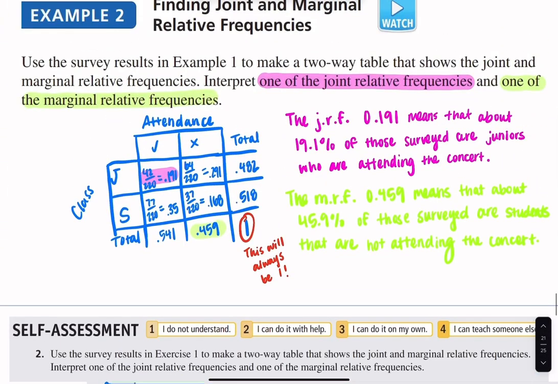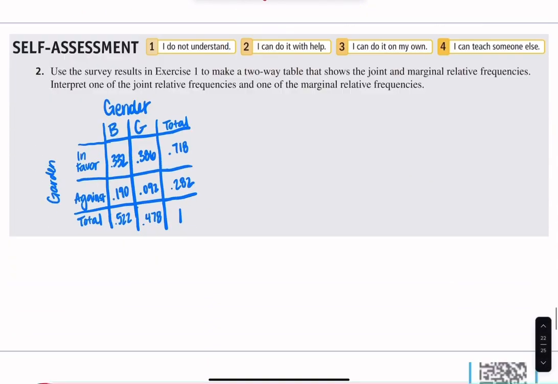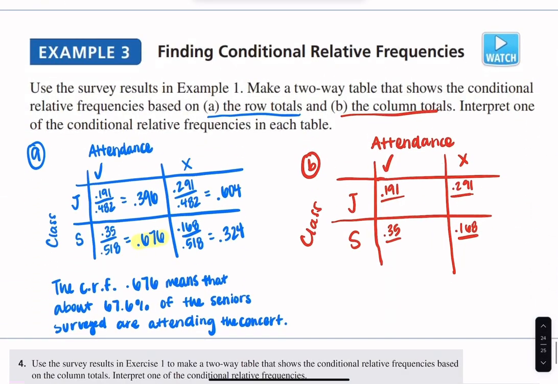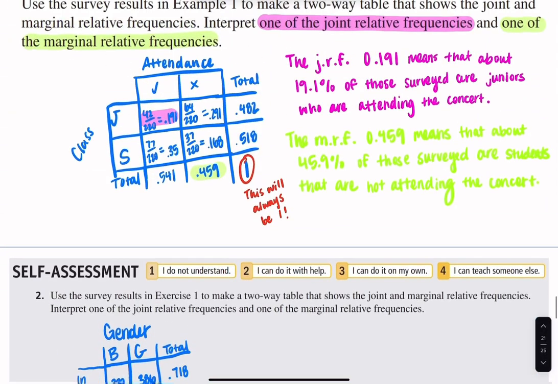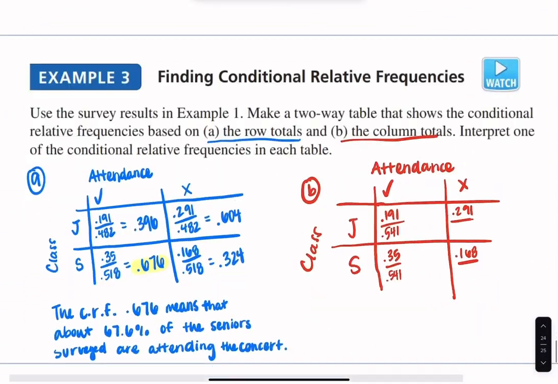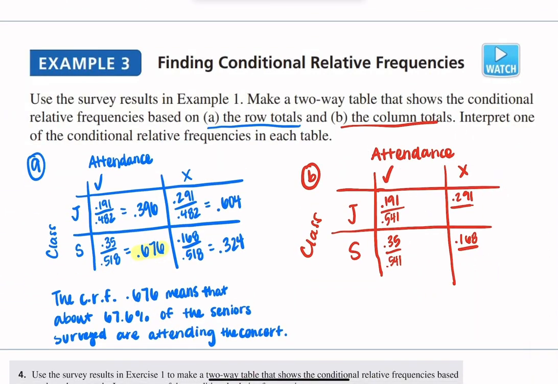So looking back here, my attending is 0.541, so I'm putting my attending over 0.541. And then my not attending is over 0.459.